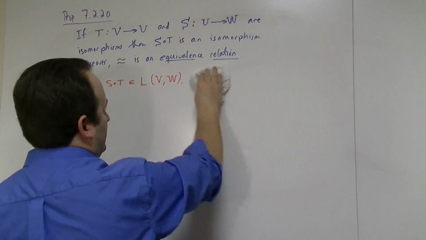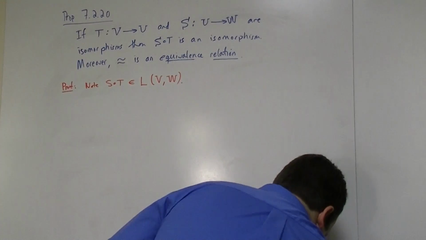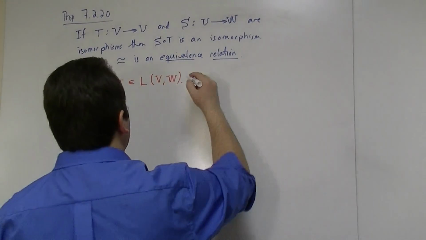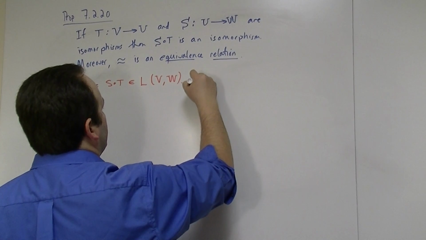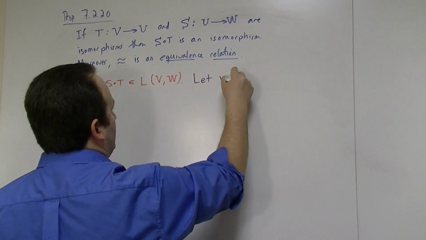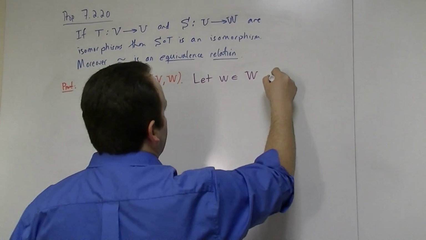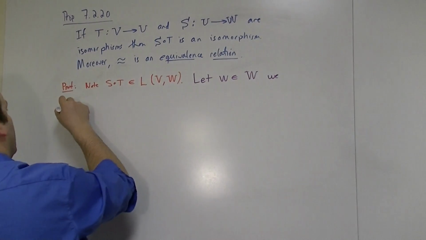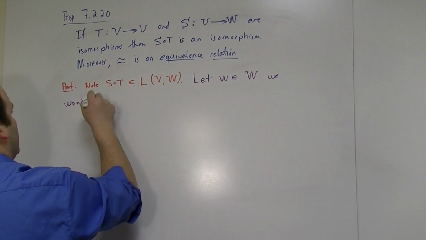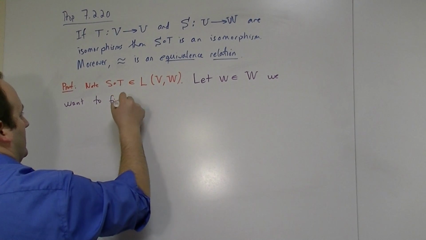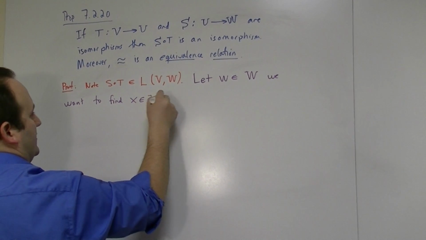So, the next half of the proof is surjectivity. So we should let W be an element of W, right? And we want, what do we want? We want to find X, an element of V, such that what?